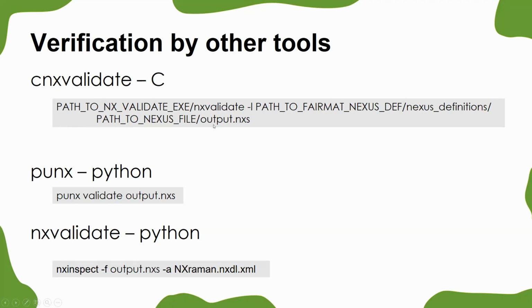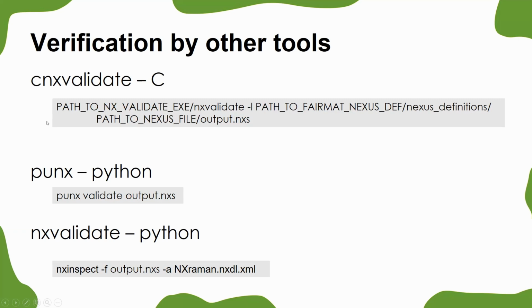It gives you an output similar to verify NeXus, which tells you this is incorrect, this is missing, and so on. There is also the pynx package, also Python-based, with a quite short command, and it gives you a really nice output as a table, showing which things are missing.